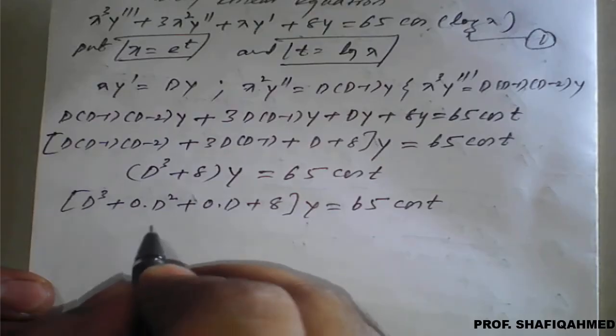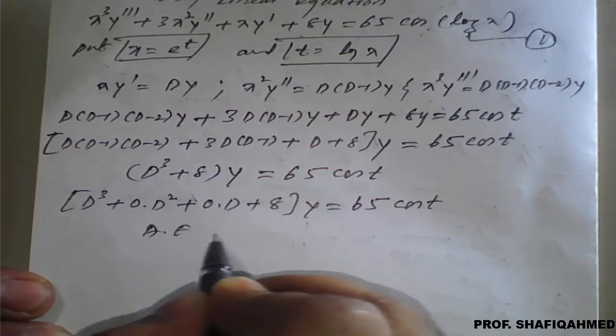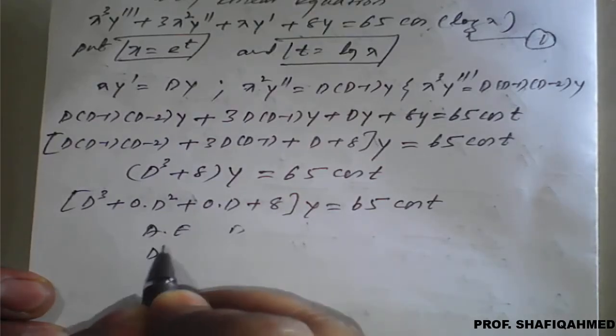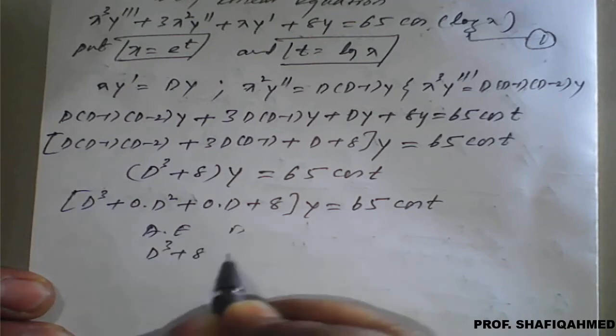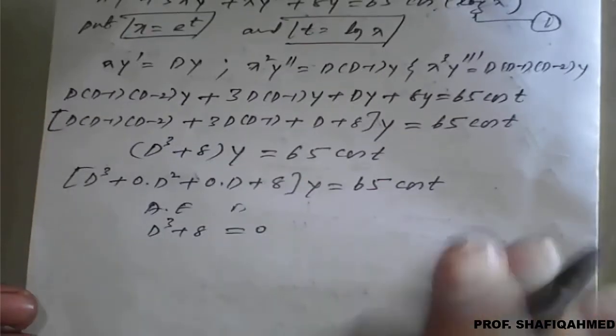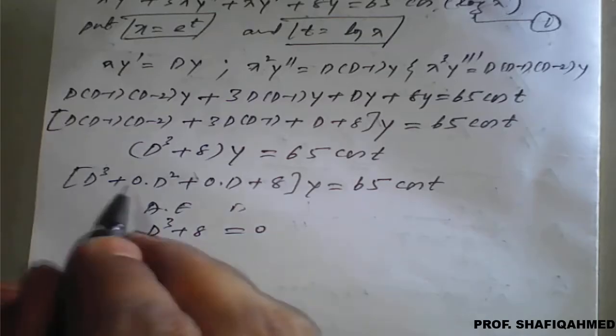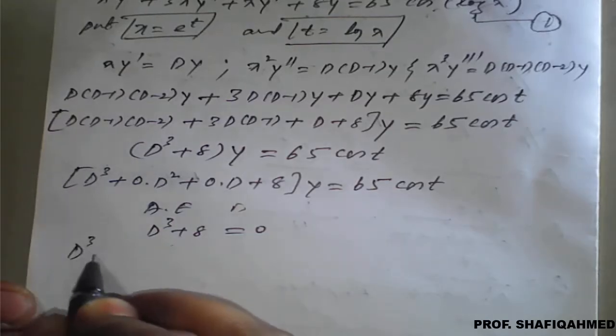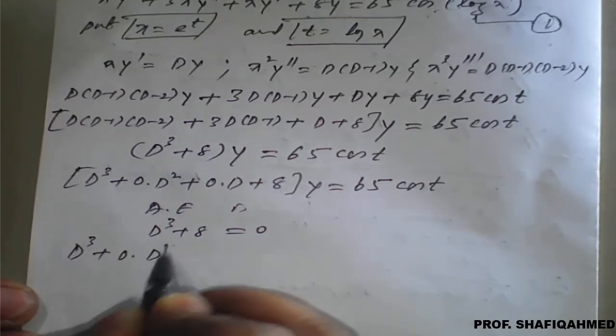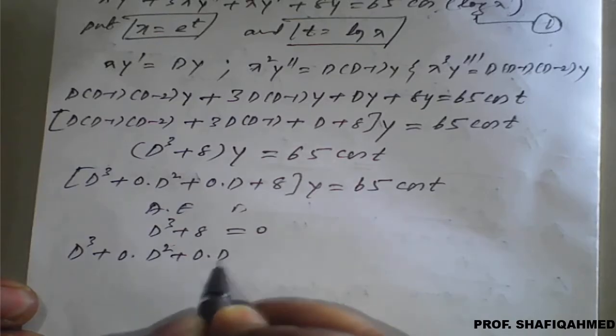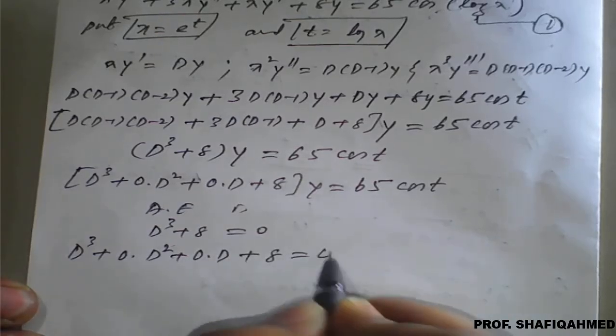Okay, so the auxiliary equation: I'll write the auxiliary equation D cube plus 8 equal to 0. This can be written once again as D cube plus 0 into D square plus 0 into D plus 8 equal to 0.